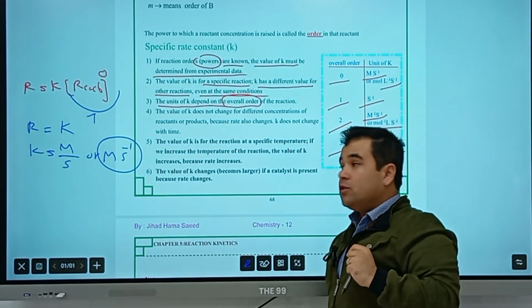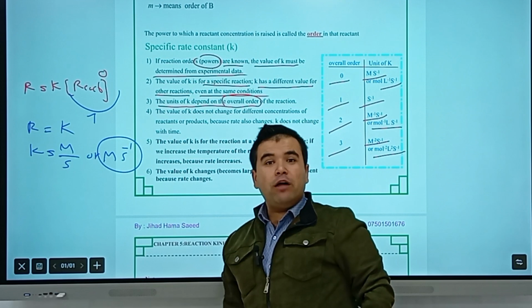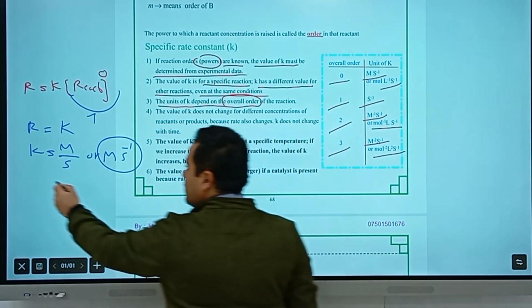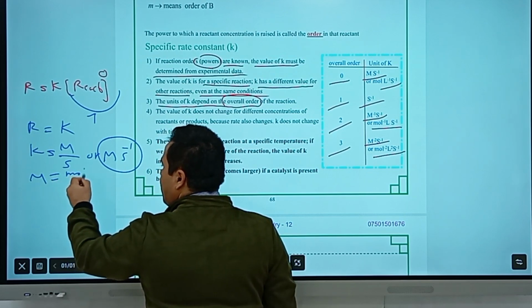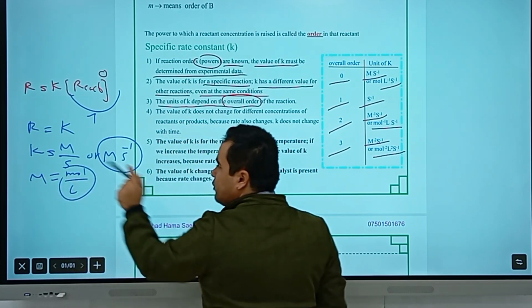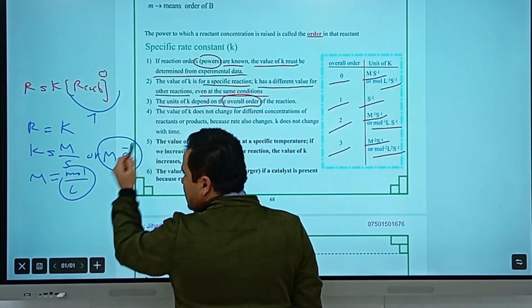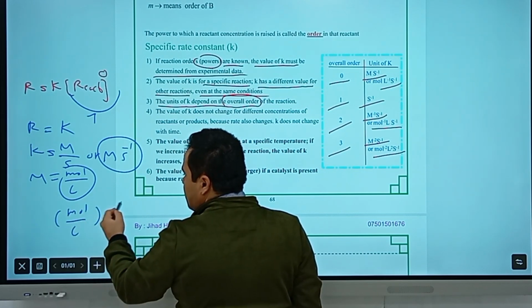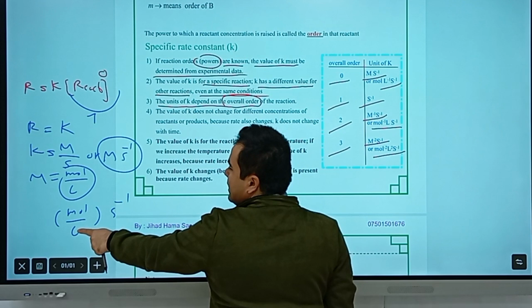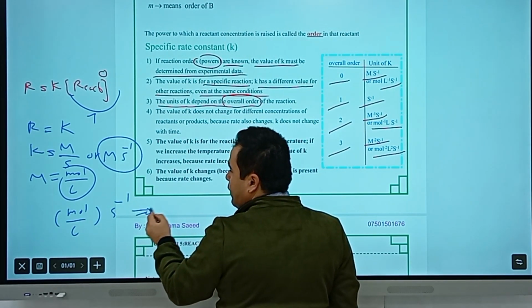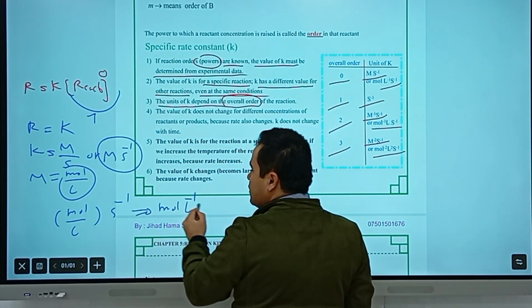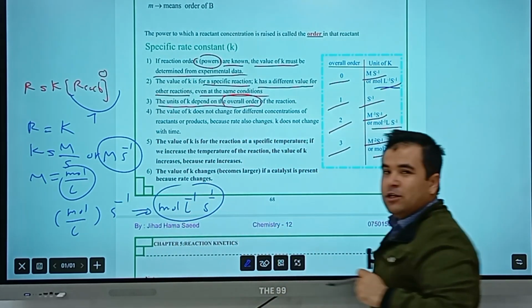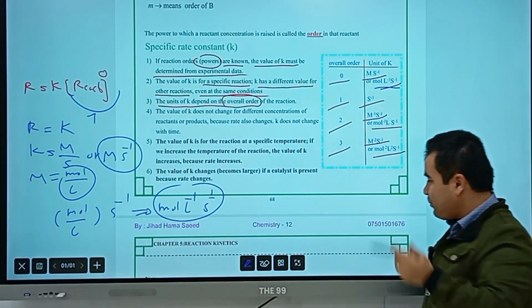If you want to write mole per liter instead of molarity, as you know that molarity is equal to mole per liter, then M s minus 1 becomes mole per liter s minus 1. Take the liter to the numerator, you get mol L minus 1 s minus 1. That's the second form, which is mol L minus 1 s minus 1.